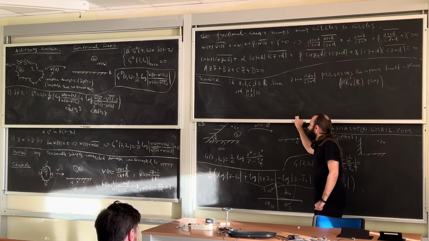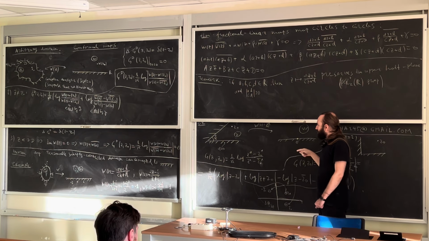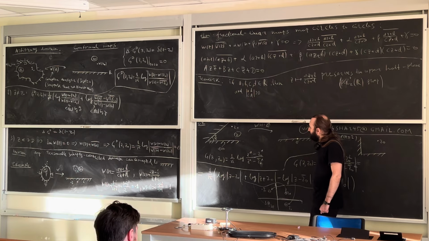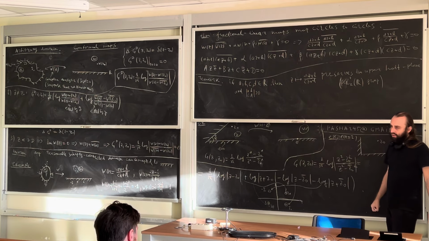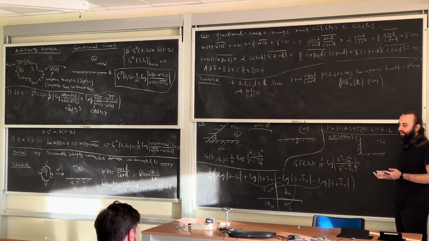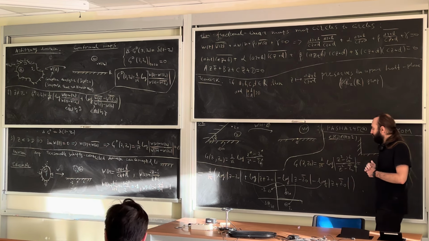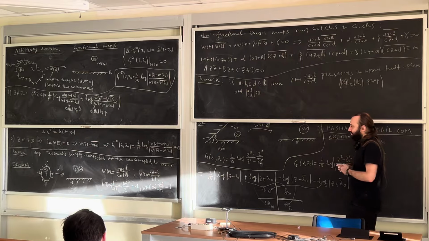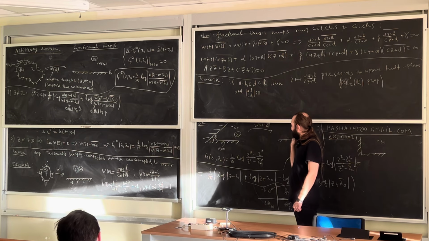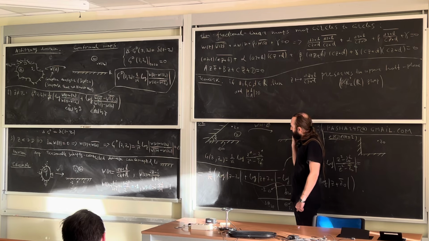Of course, if you take some other rational angle like pi over 3, then it would also have the same interpretation, but there will be more different images. But for arbitrary angle, I don't know if it is possible to do like this. Probably not.